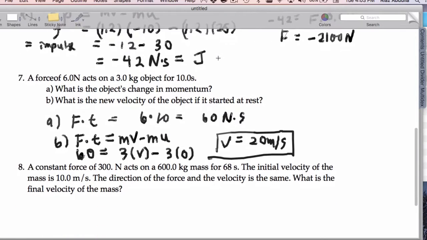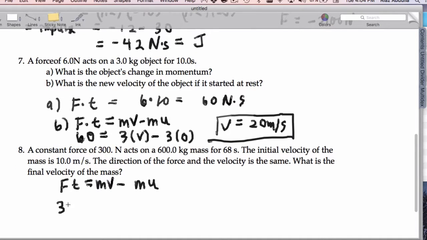All right, next. A constant force acts on a particular mass. We know the initial velocity. We want to know the final velocity, and we're told the direction of the force and the velocity are the same. So let's start with Ft equals mv minus mu.